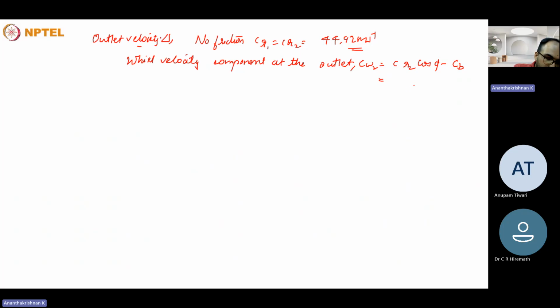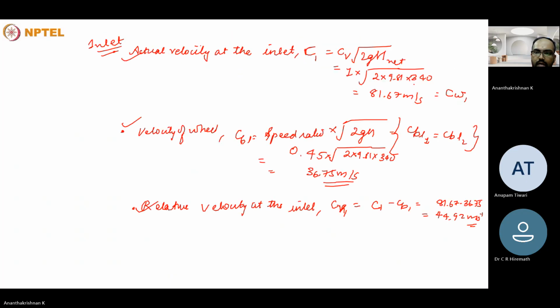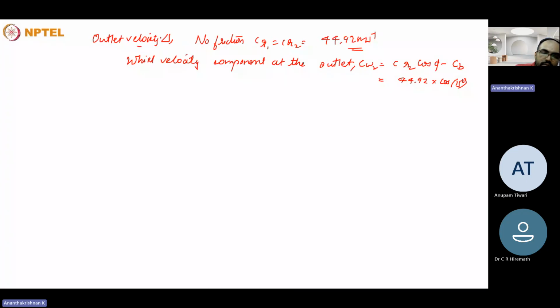CR2 cos phi will be equal to 44.92 cos 15. 165 is the deflection angle, which makes 15 degrees the blade angle. So minus CB, which we have determined to be 36.75, that will be equal to 6.64 meter per second. That is the whirl component of the velocity.